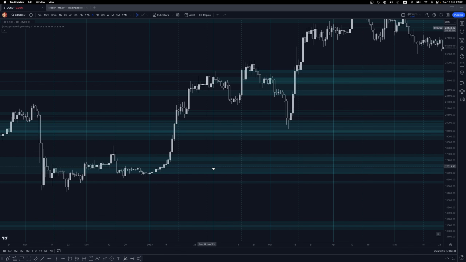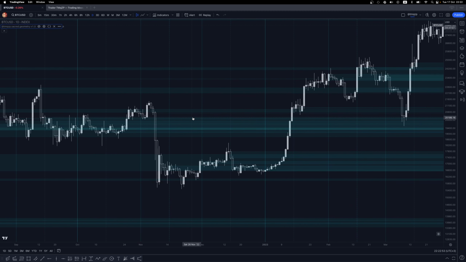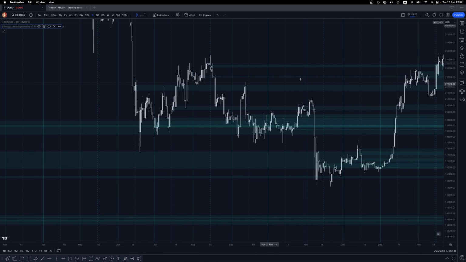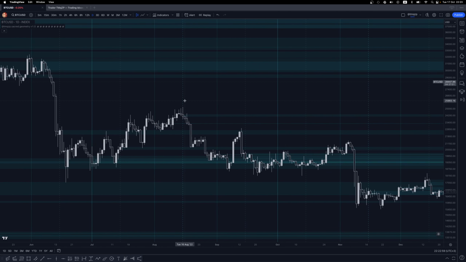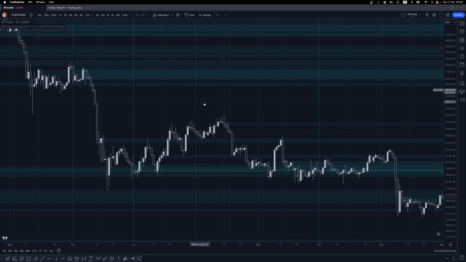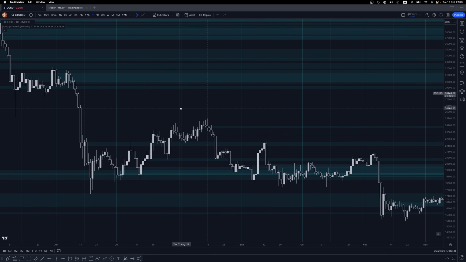So exactly in the midpoint of the quarter, because the quarter starts here, ends here. The midpoint is the 15th or the 14th of February, and that's where the initial top comes in, right? You can go over the Bitcoin chart and have a look at these lines, and you'll see that all the pivotal points happen around these dates.